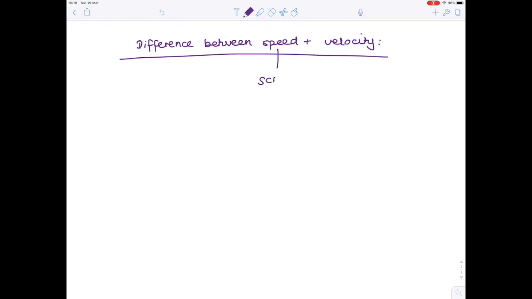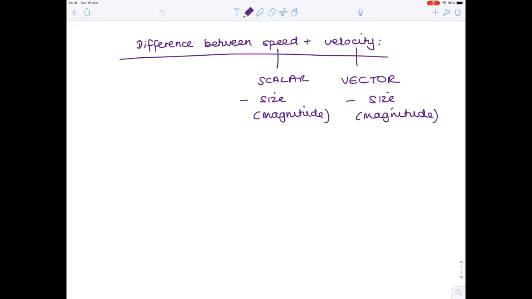Speed is a scalar quantity, velocity is a vector quantity. A scalar quantity just has a size or a magnitude, whereas a vector quantity has both a size, so the magnitude, and a direction, and that's key.